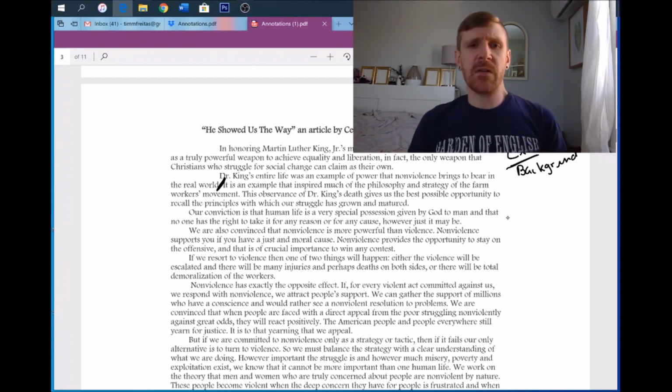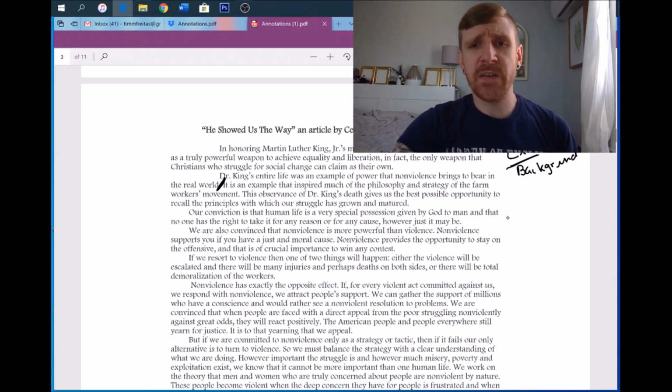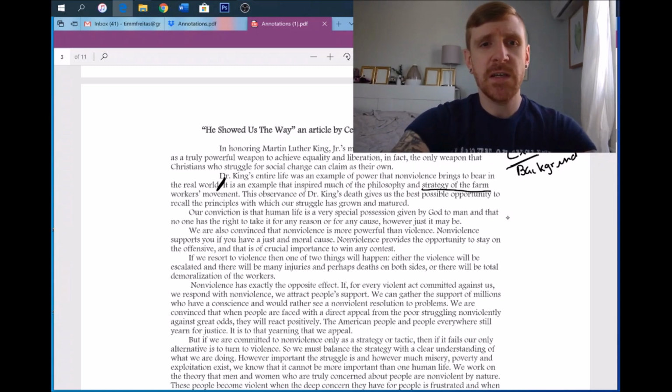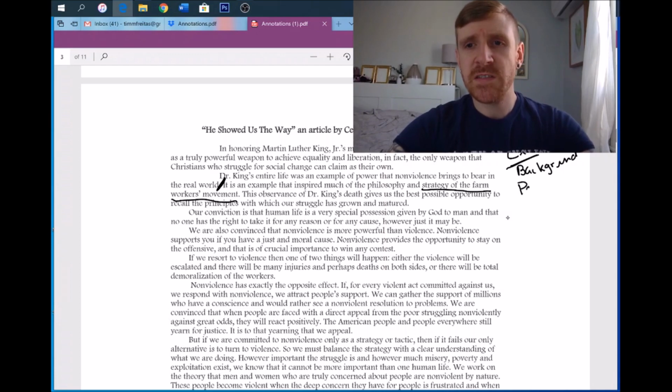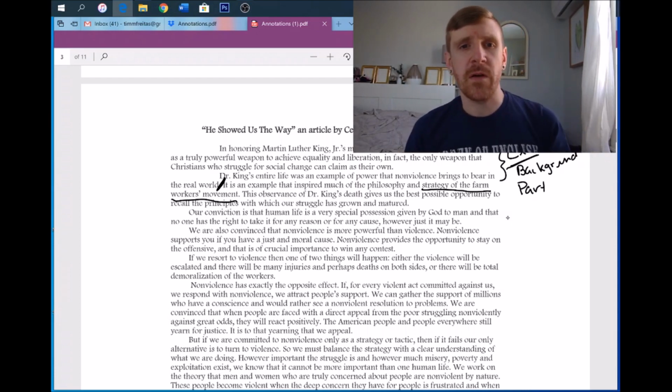We then have some background information: hey, his life was this way. And now we have that the philosophy inspired the strategy of the farm workers movement. This is where we actually start to see a bit of that partition. We see a separation there. So my kids are just going to label this as, oh, we got some background here, and this is going to be part of the partition.